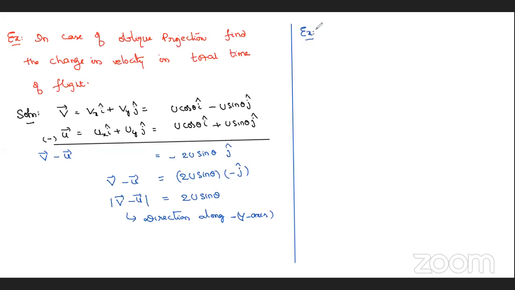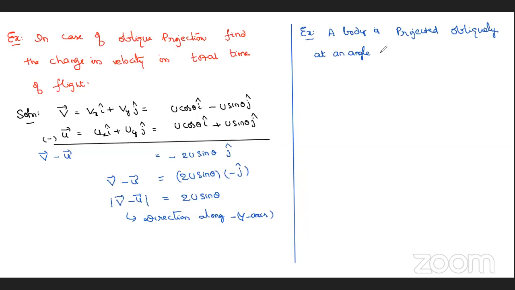So if you see here, the previous question: a body is projected obliquely at an angle 60 degrees with the horizontal. Every time we are taking angle with the horizontal.